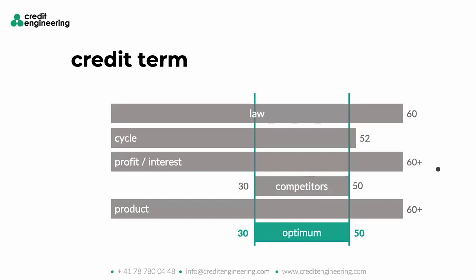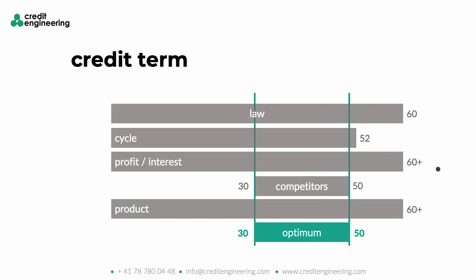So we define the range of optimal credit terms here with a specific example. This is from 30 to 50 days.